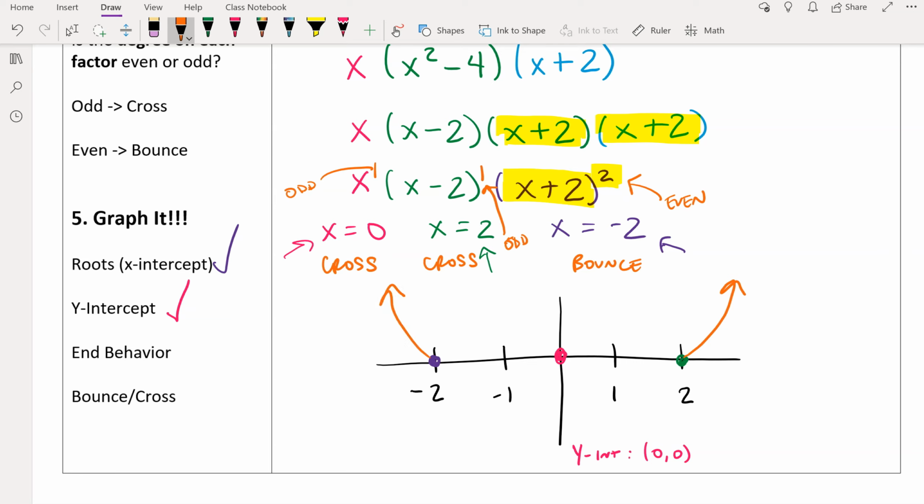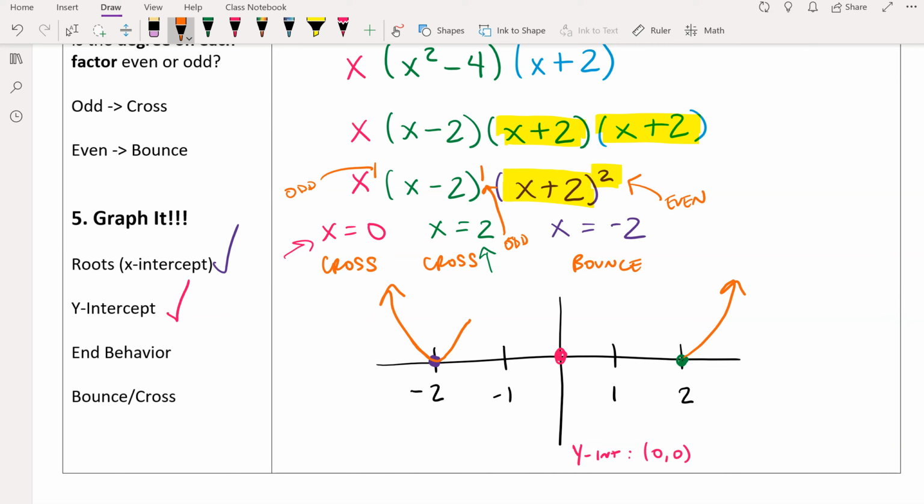And the last thing we need to do on our graph is cross or bounce. I'm going to start on the far left, with this purple point. Are we crossing or bouncing on the purple root? We found that over here. We are bouncing. So that means I'm going to hit the x-axis on my graph and then bounce off, just like that.